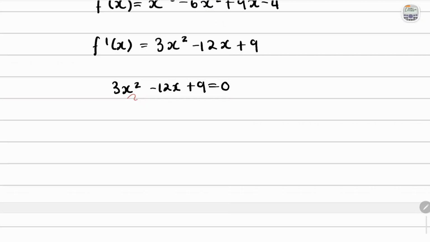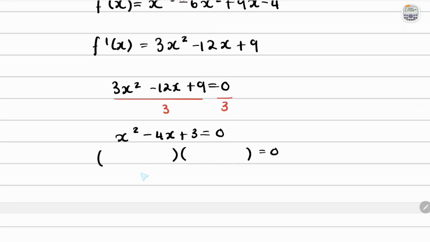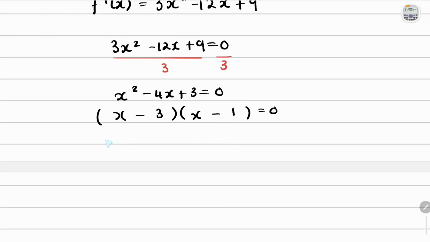Then we see that we have a common factor of 3 all through, so divide both hand sides by 3. Therefore, we have x squared minus 4x plus 3 equals 0, and then we'll factorize this. So this is going to be x, and we have 3 and 1, and they're both negative because only the middle is negative. Okay, so these are the factors that we have, and these are the solutions for x. X is equal to 3 or x is equal to 1.